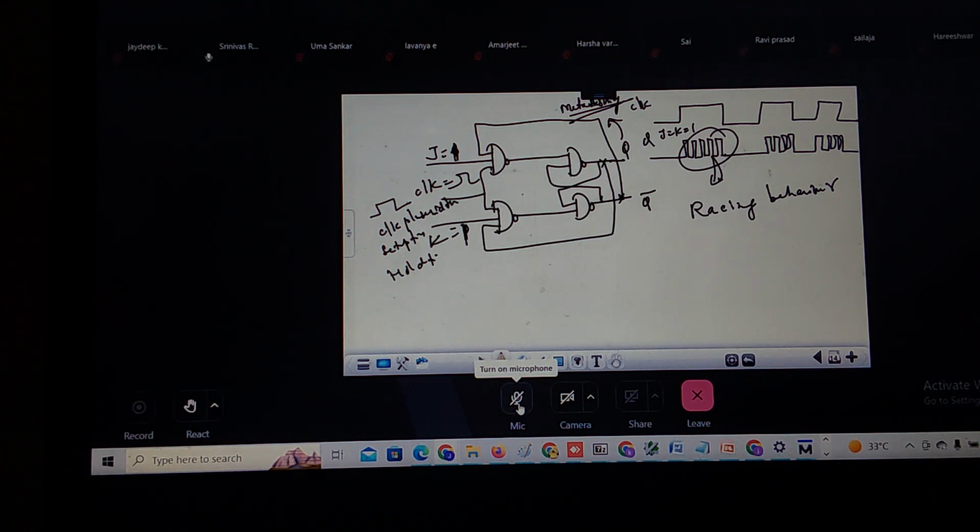That mechanism we call racing or racing behavior. Did you understand? Racing means glitches: glitch 1 and glitch 0 combined you can call racing, unwanted signals which appear in the output of the circuit. Metastability means Q cannot be exactly predicted. That state we call metastability.